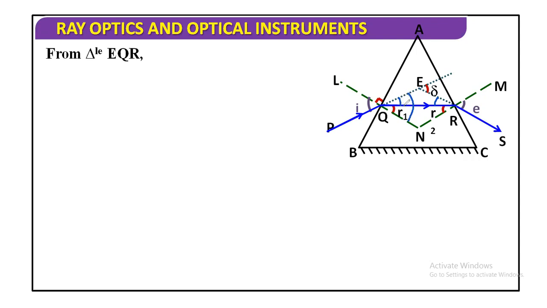So this small angle is I minus R1, because the complete angle is I. Since this angle is I, this is a vertically opposite angle, so this must also equal I.